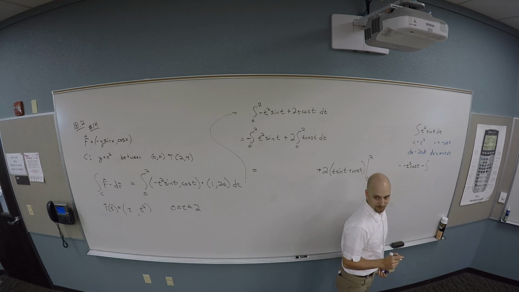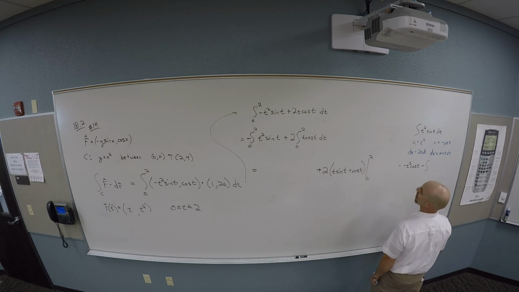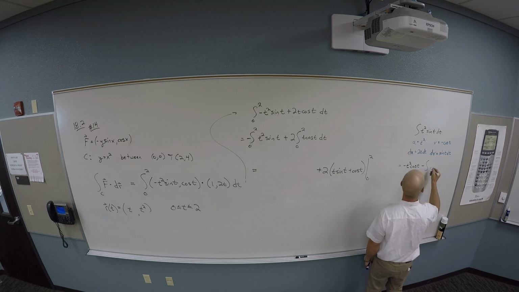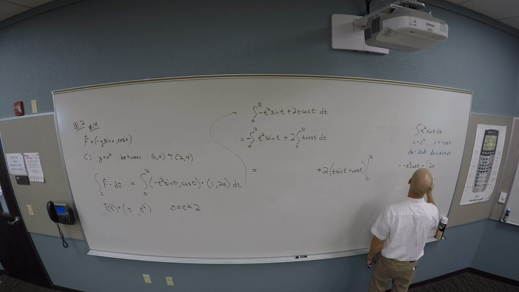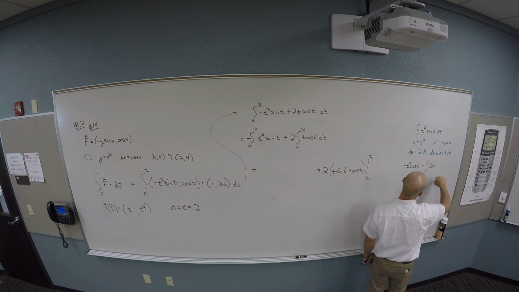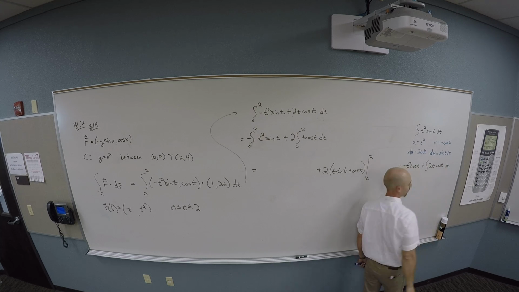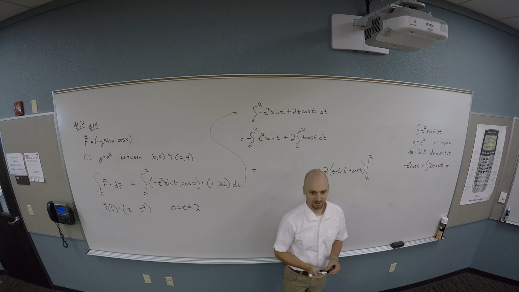I know. Well, because it cancels out the other one. Oh, does it? Oh, stupid. Alright, so I got v du, right? So I got 2t dt cosine t with a plus. Yes?